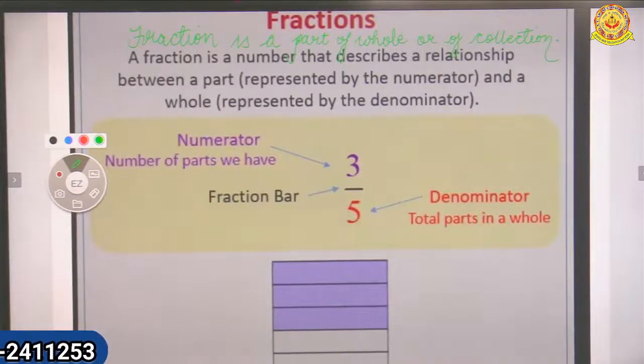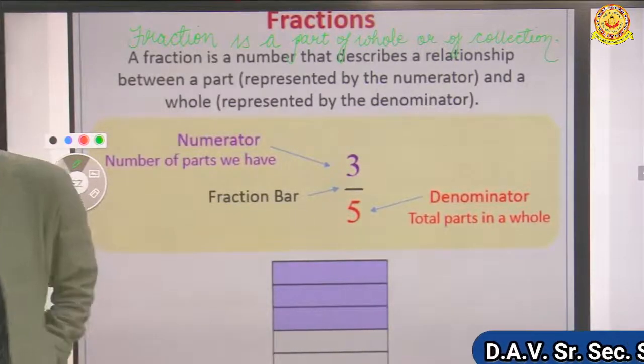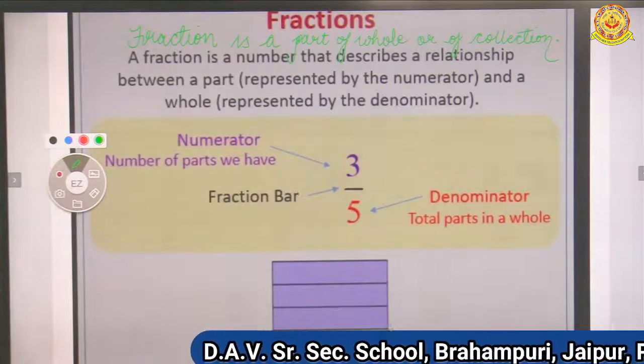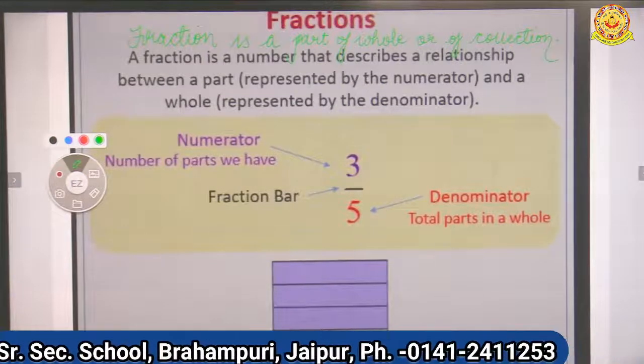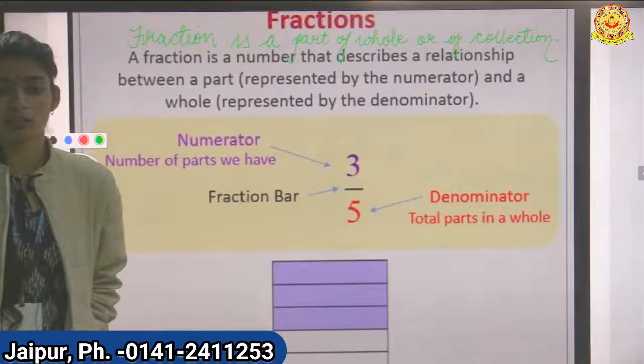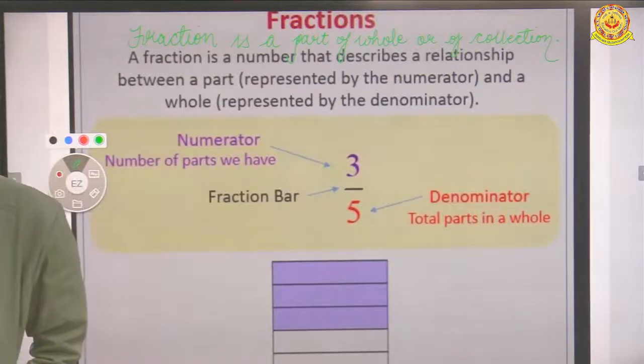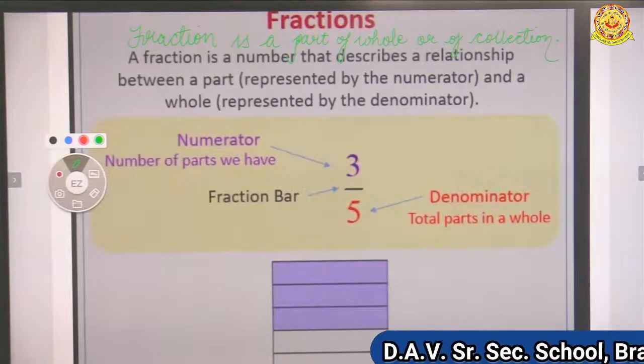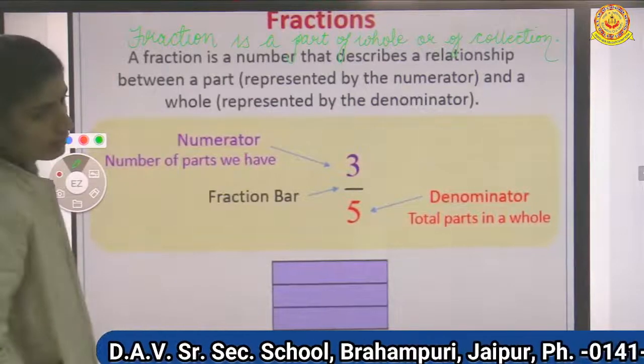Like if I'm talking about 1 hour, all of us know that in 1 hour we have 60 minutes. So 1 minute is a part of the hour. 1 minute is a part of 1 hour, like 1 upon 60 you can say. Is it clear?